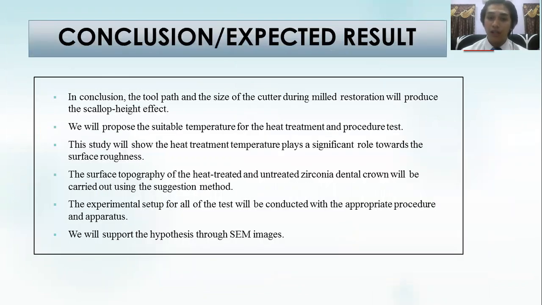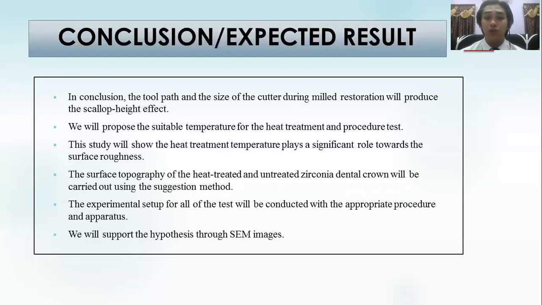In conclusion, the tool path and the size of the cutter during the dental restoration milling will produce the scallop height effect and scratch grooves on the surface due to the geometric features on the crown surface. We will propose a suitable temperature for the heat treatment and a procedure for the test.